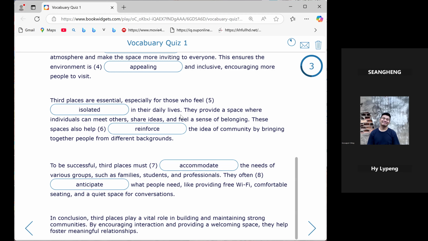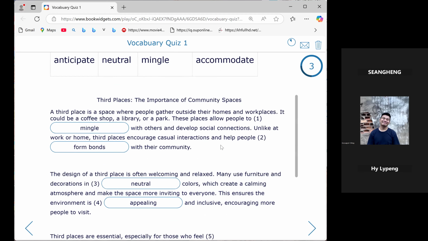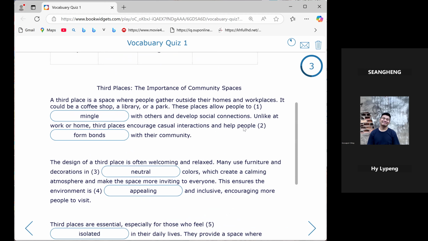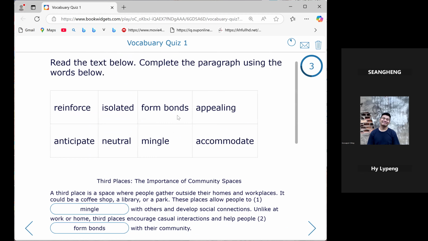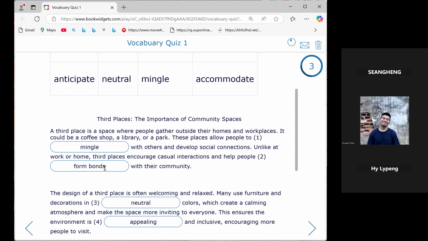Yeah, I think good. And what about this one? Encourage people to use and have people form bonds. It is a form, right? It collocates with form bond, or make community, or make stronger relationship.